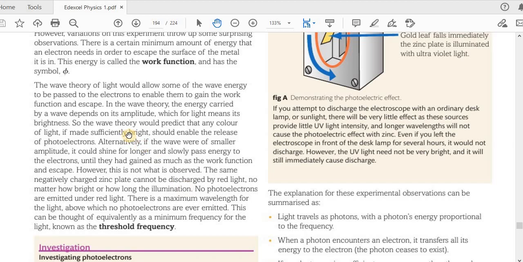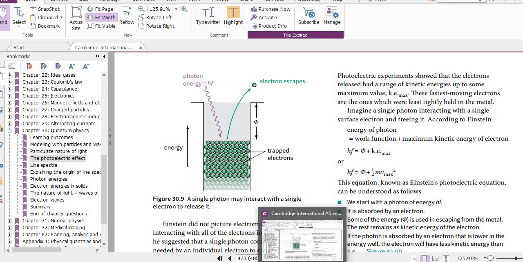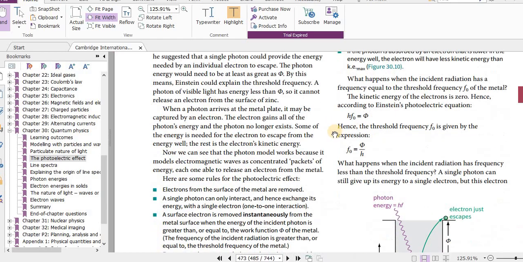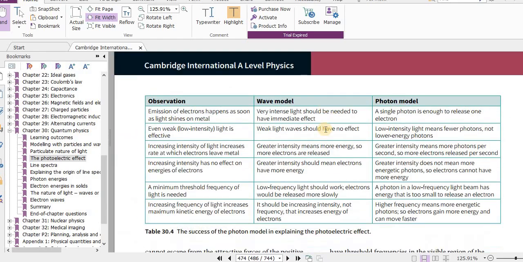We will see that now in detail. The wave theory would say that if you have more, it will remove more electrons, but the energy of the photon is unaffected. That is also explained in the table here. See, this table explains that: wave model, photon model.